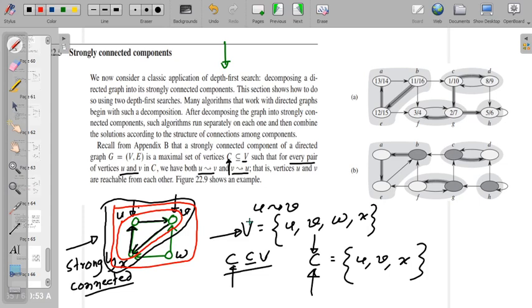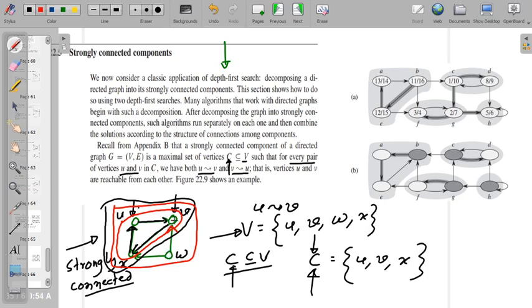No, sir. Who is telling no? Sir, if you are including w, then it is not. You are right. Who is telling? Sir, Aditya Singh.